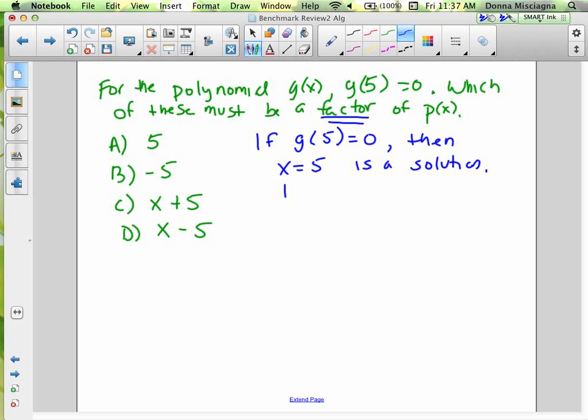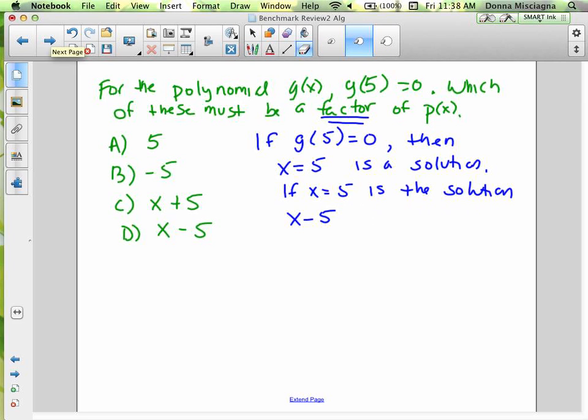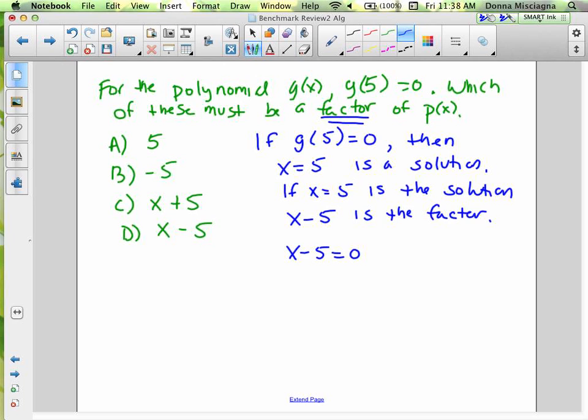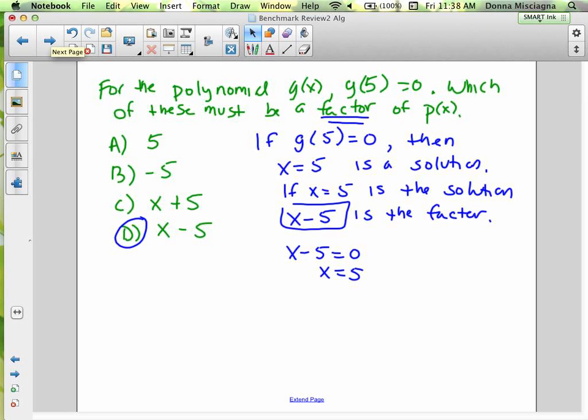So if x equals 5 is the solution, then x minus 5 is the factor. Notice if x minus 5 equals 0, we solve, x equals 5. So x minus 5 is the factor, and d is the solution. You have to do the opposite to move it to the other side. So if it was g of negative 5 equals 0, then x plus 5 would be the factor. If g of 5 is 0, then x minus 5 is the factor. And 5 and negative 5 are solutions, not factors.